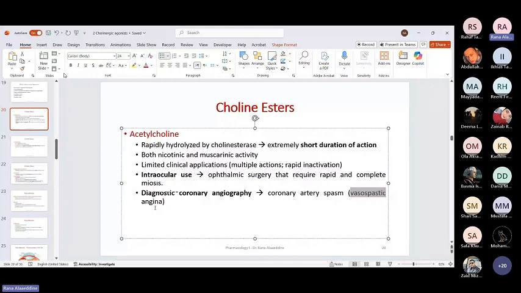And how do we check if this is really a vasospastic angina? Usually, vasospastic angina happens when the endothelium is messed up. So I get an angiography, and inside the coronary vessel, I inject acetylcholine. When I inject acetylcholine, if the vessel has a good endothelium, vasodilation will happen, and the patient will feel relief.